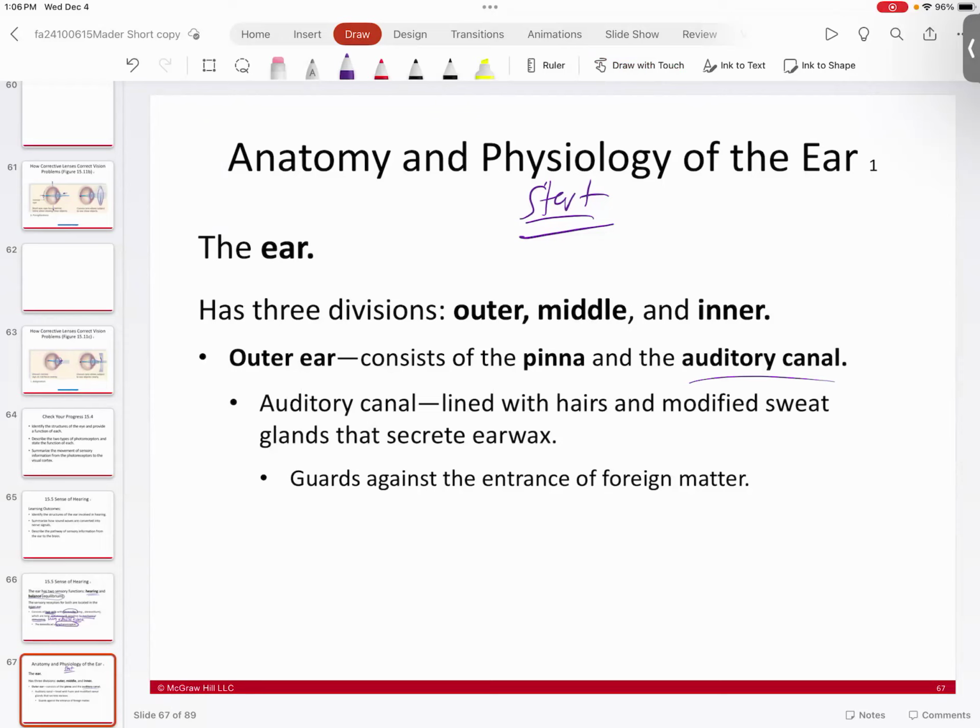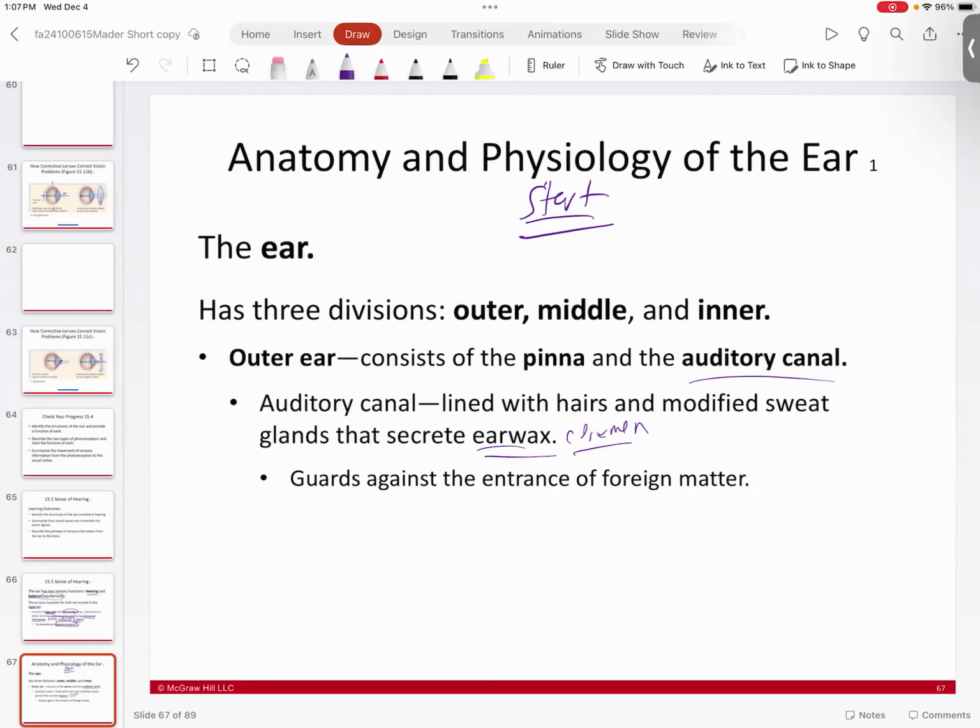And you do have something like sweat glands. They're not actually sweat glands, they're a little bit different. They secrete a very specific type of substance called cerumen. It's earwax, basically. These are called ceruminous glands, a type of modified sweat gland.